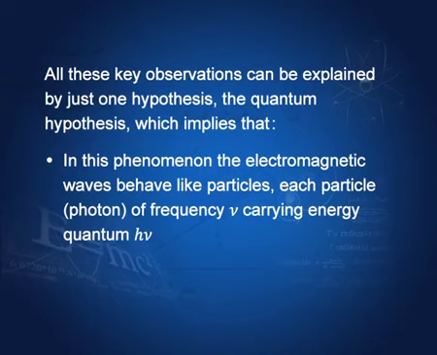Each particle or photon of frequency nu carries an energy quantum h nu. You will recall that this is what Planck also said, that radiation consists of discrete energy quanta. So, Einstein made use of this discrete energy quanta.